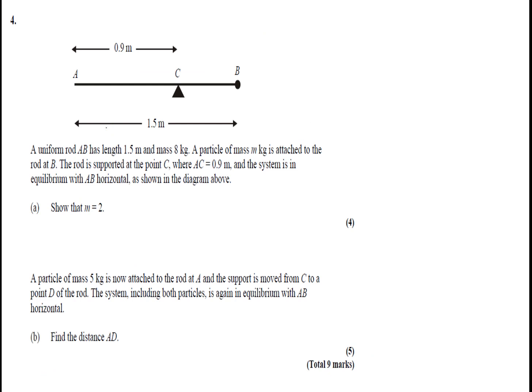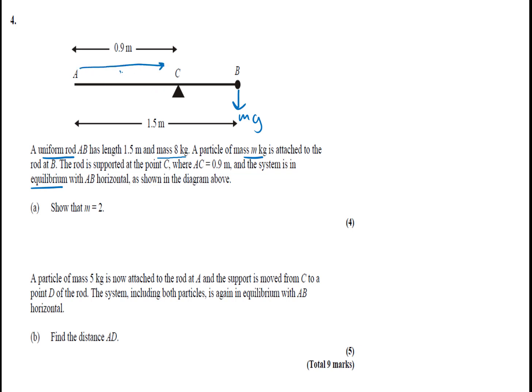Okay, so let's see. We have a mass of 8 kilograms and a mass M. It's uniform and it's in equilibrium, and they've given us all the details here. M is attached to the rod at B, so remember the mass, so it's Mg.